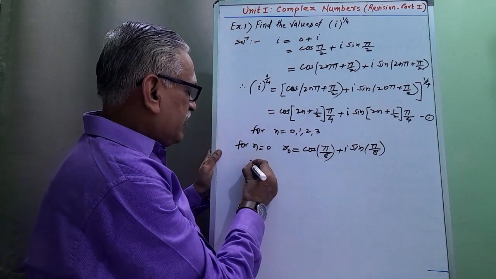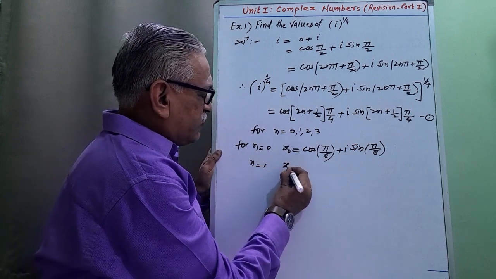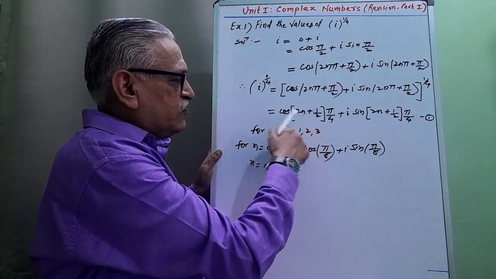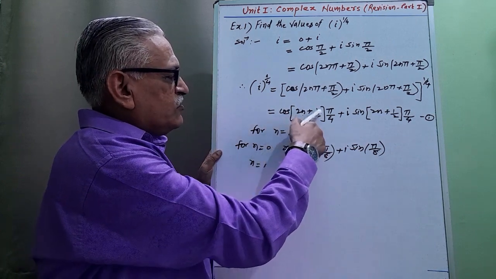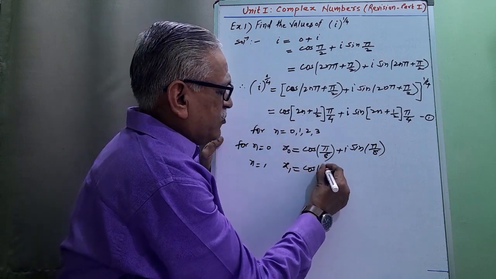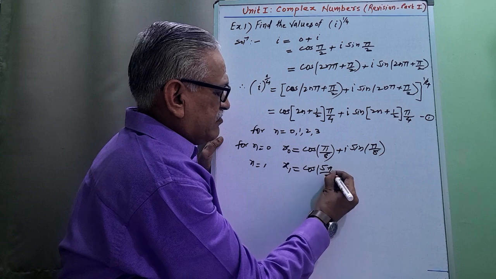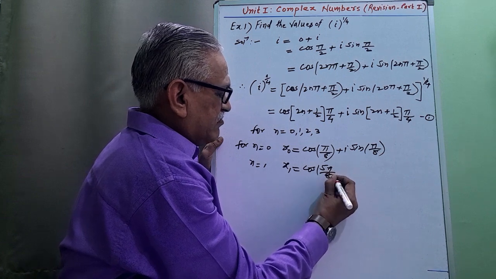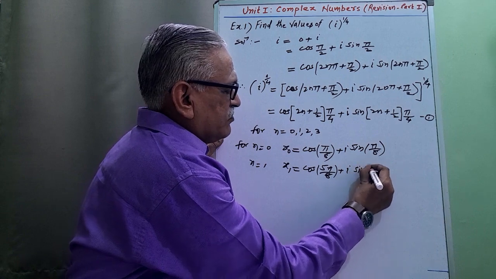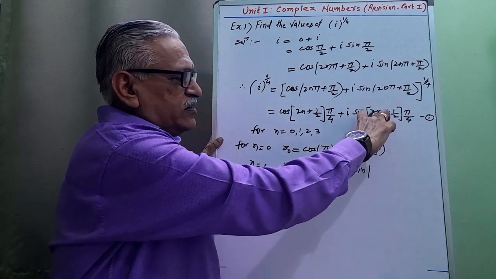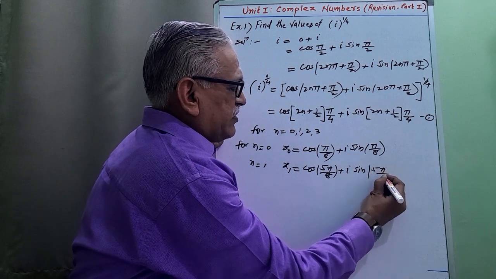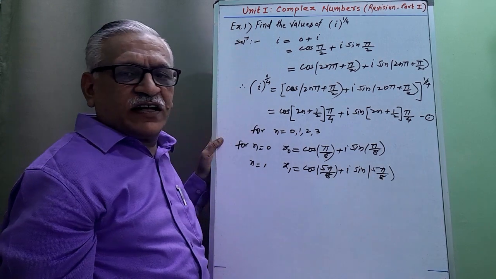Then for n is equal to 1, we get x1 as, put n is equal to 1, 2 plus 1 by 2, 2 into 4 is 4 plus 1, we get cos of 5 pi by 8 plus i times sin of 5 pi divided by 8 as the second value.